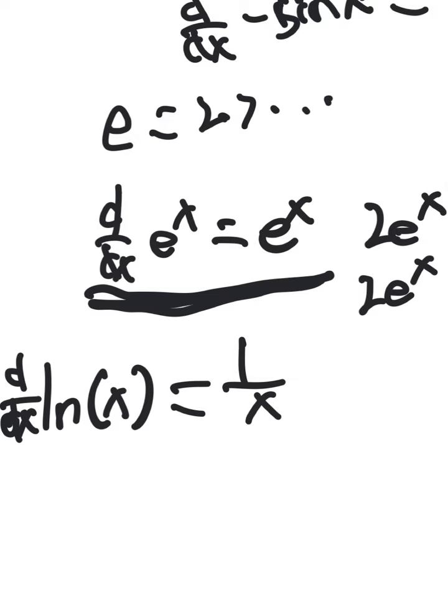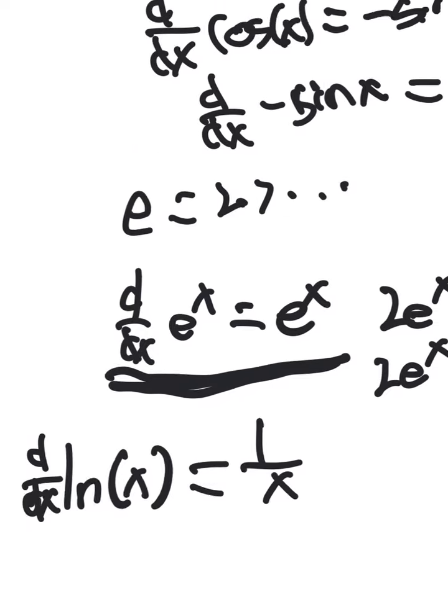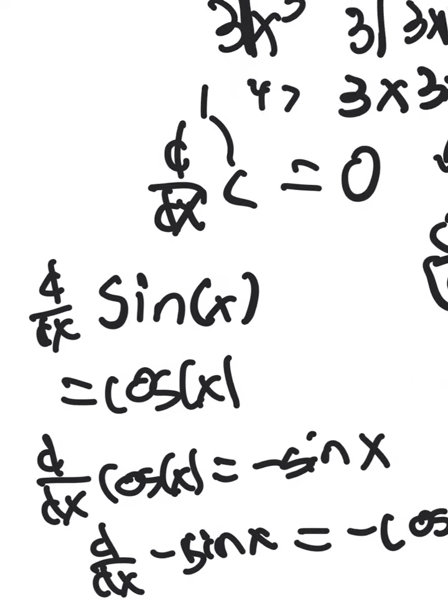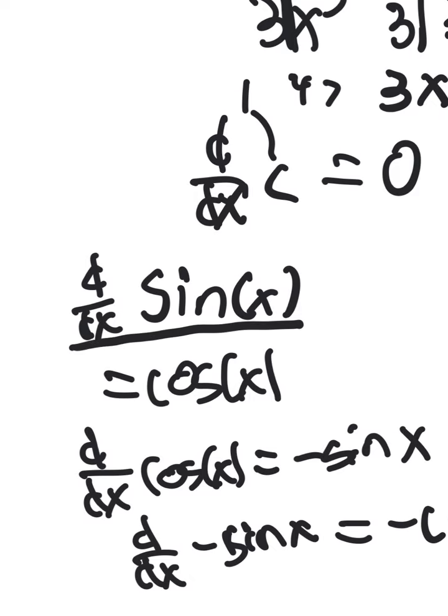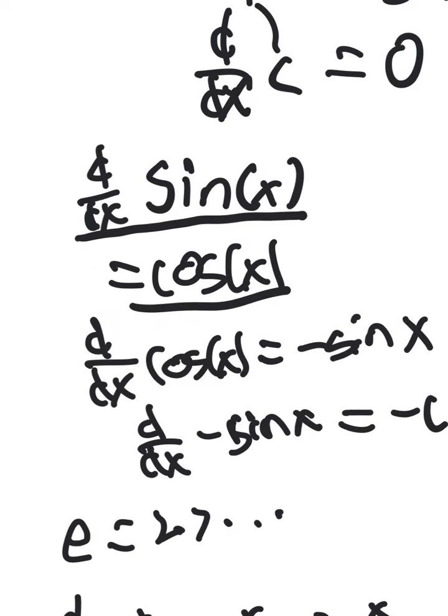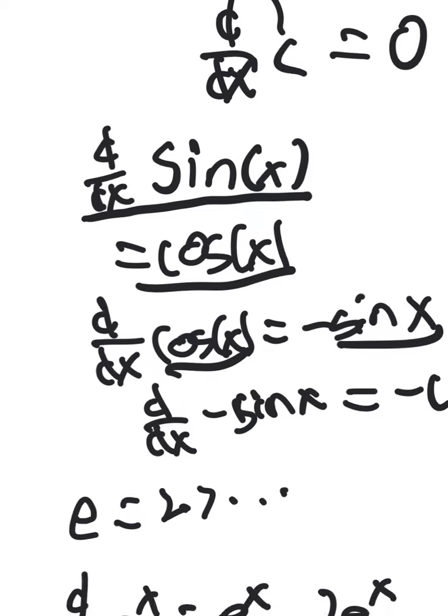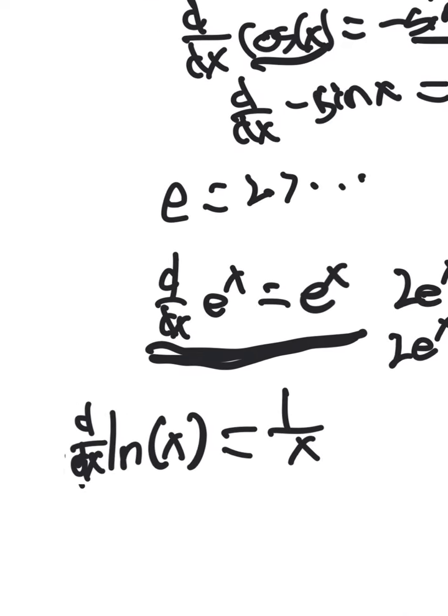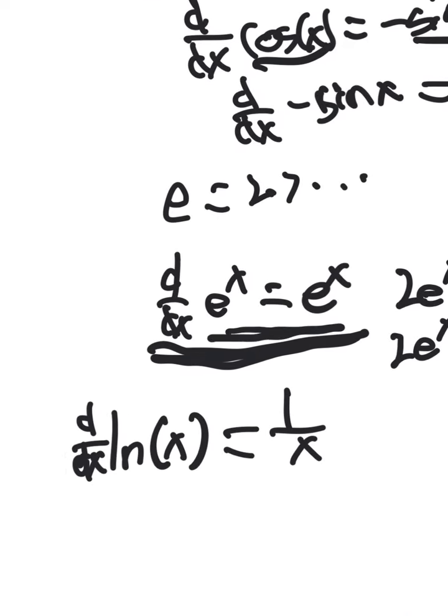You don't really need to know where they come from for the exam, but if we look at what we have: the derivative of sine equals cosine, derivative of cosine equals negative sine, derivative of e to the x equals e to the x, derivative of ln x equals 1 over x. Okay, there will be a couple more trig derivatives that we'll go over at the end, but these are the most important ones that you should definitely know.